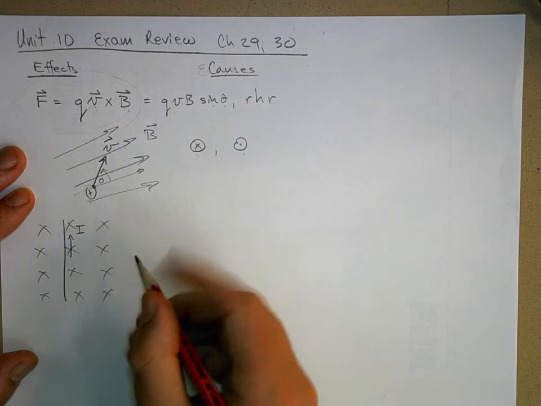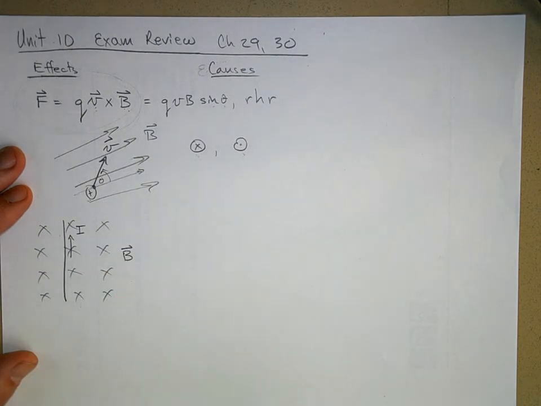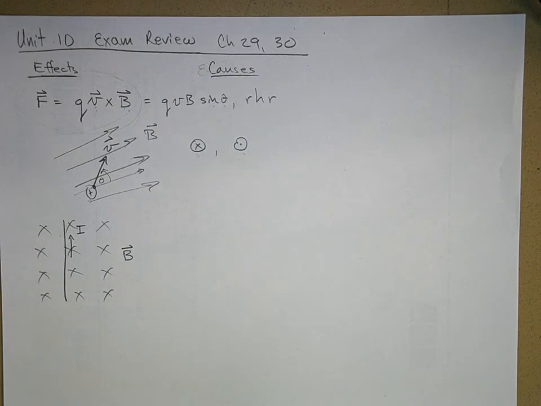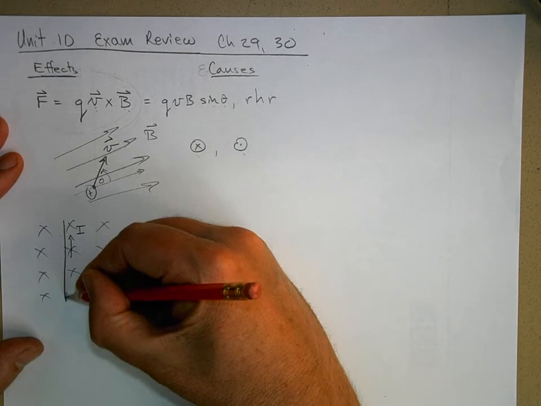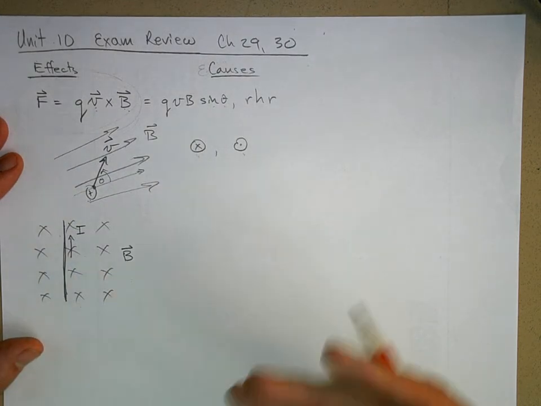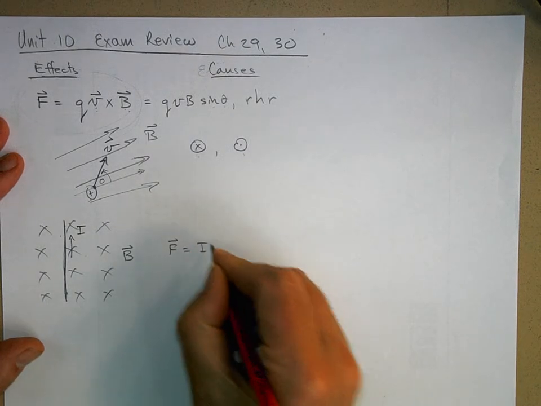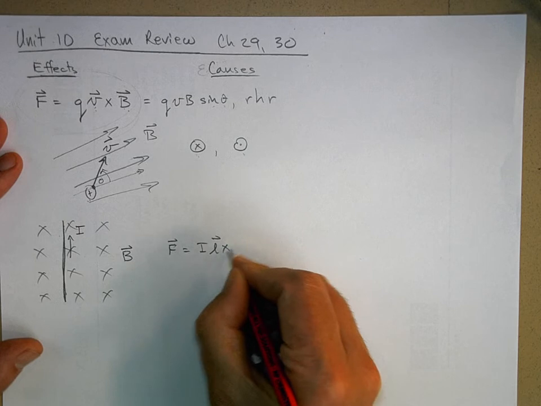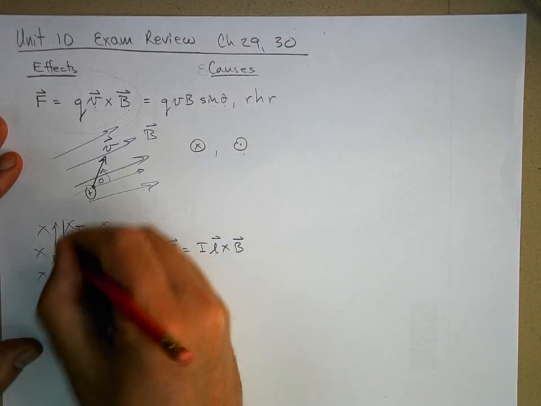That the magnetic field is into the paper. And we said that this wire with current flowing through it is going to experience a force IL cross B, where L is the length of the wire that's in the magnetic field.